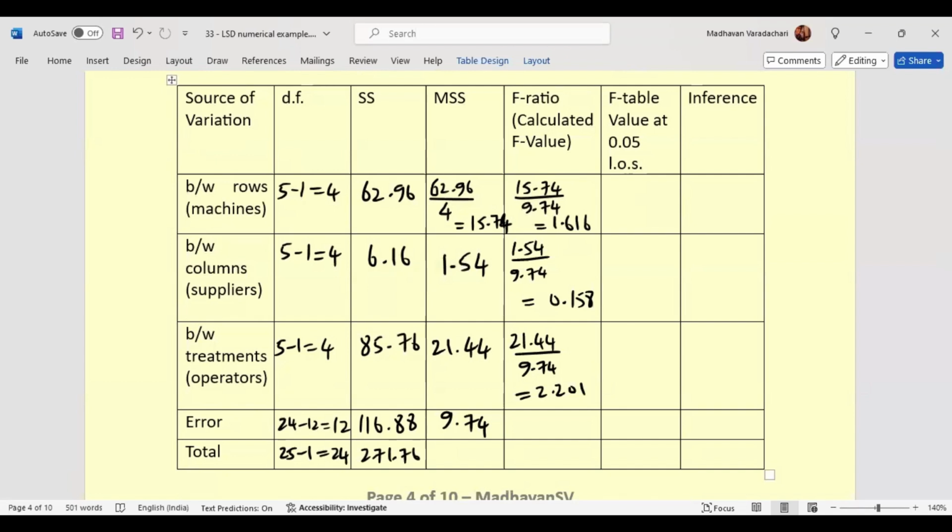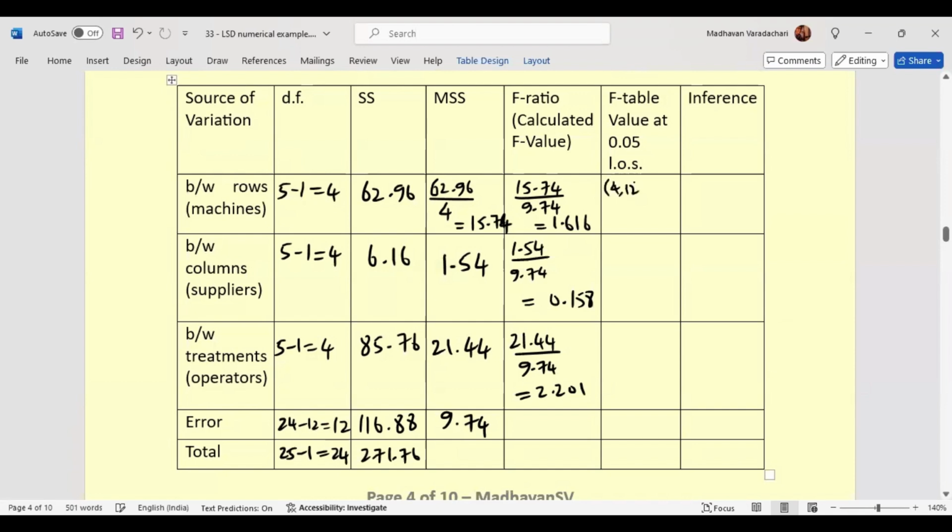Now, for this one, the numerator degrees of freedom, that is for 15.74, is 4. The denominator, 9.74, has degrees of freedom 12. So for 4, 12 degrees of freedom we have to look for the table value.